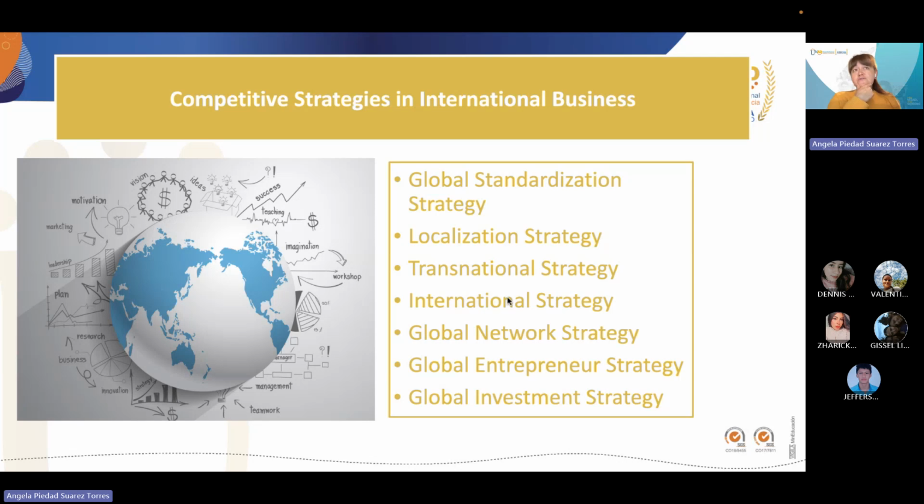This strategy focuses on achieving economies of scale by offering standardized products across international markets. And of course, it is ideal when the cost reduction pressures are high and local responsiveness is minimal. The products are uniform worldwide, reducing production cost.